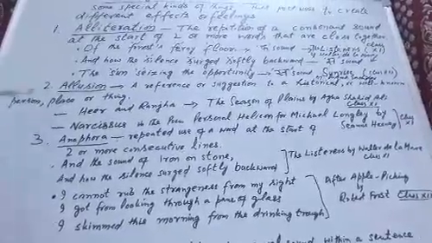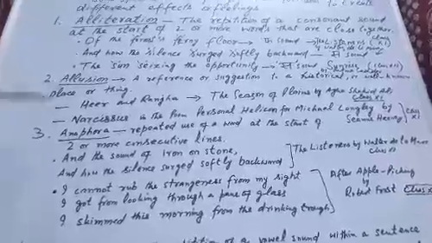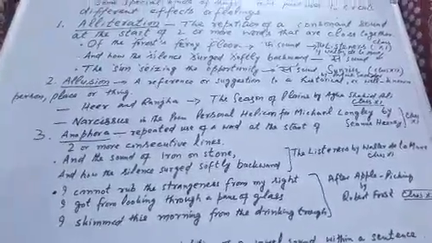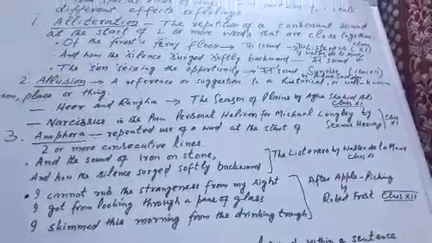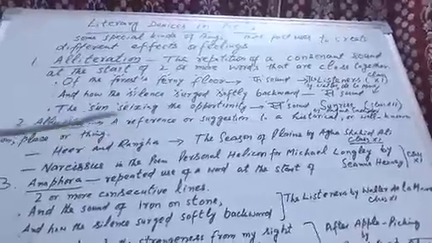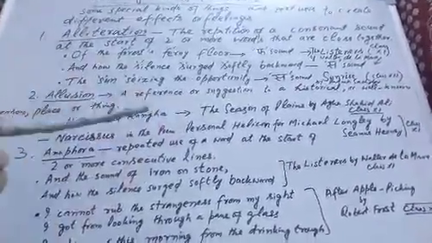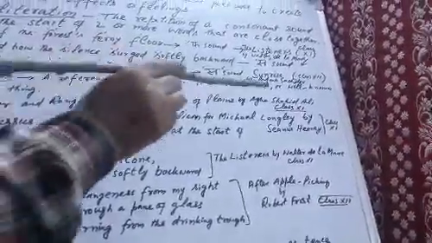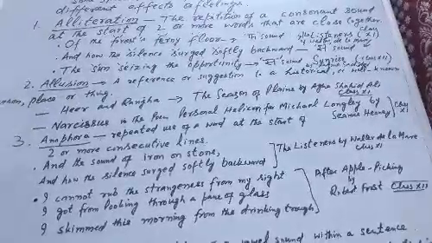Moving on further, the second type is allusion. Now, in some poems, the poet refers to some historical thing, to some well-known person, place or thing. That reference we call allusion. For example, in the class 11th poem The Season of the Plains by Agha Shahid Ali, the poet refers to Heer and Ranjha.